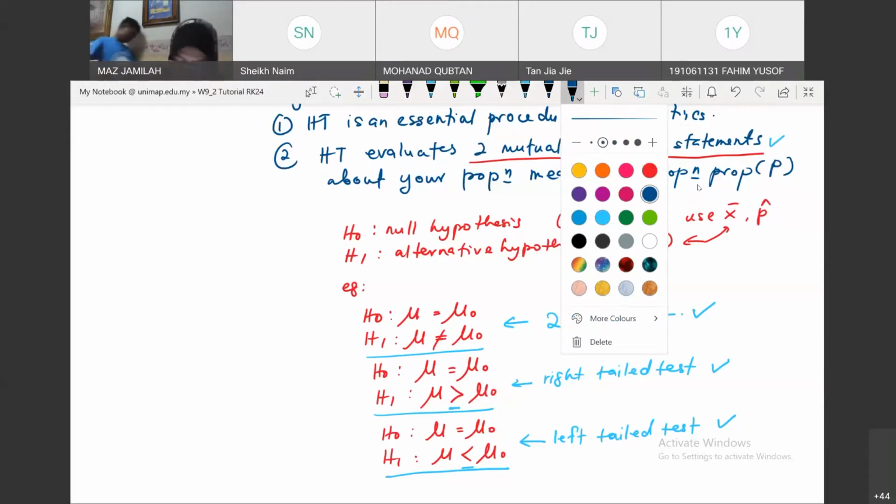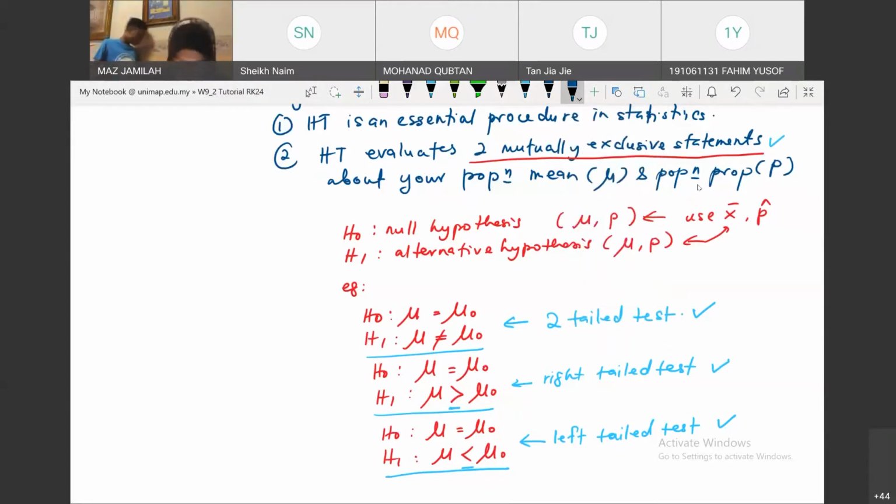Okay, so if you look at your textbook, your H naught is referring to a claim assumed to be true until evidence indicates otherwise.